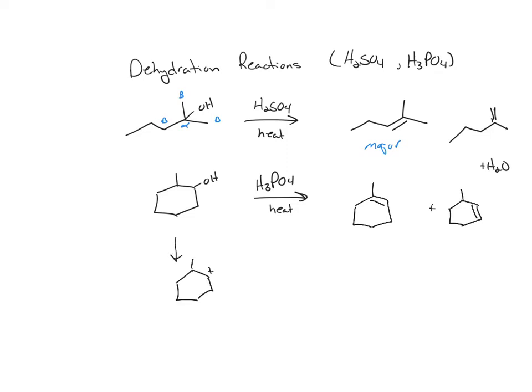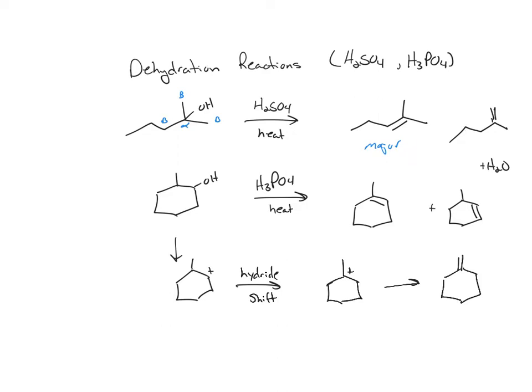So in this case, the positive charge there, initially after the loss of the leaving group, we can get a hydride shift. It can go from a secondary to a tertiary, which is that guy there, and that adds one more product besides the ones we already have, and that product looks like that. So 3 different products.